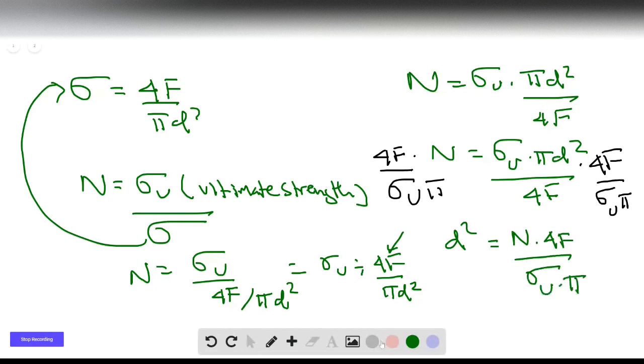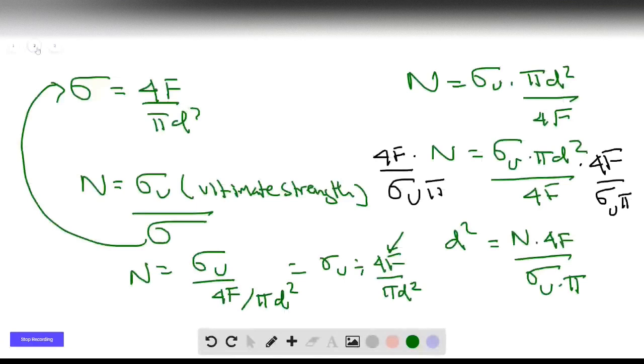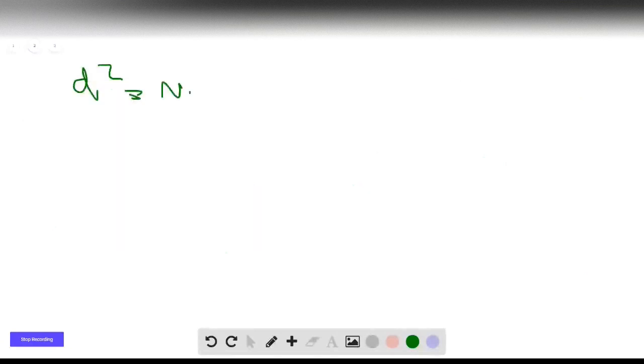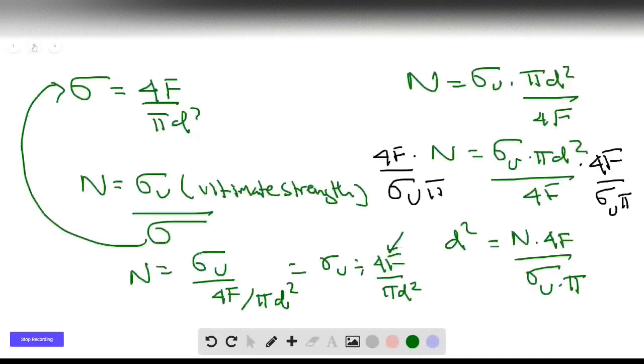And then in the next page, we can always aggregate these variables in the problem. Just to make sure things are correct, d squared is equivalent to N times 4F all over the ultimate strength times pi.